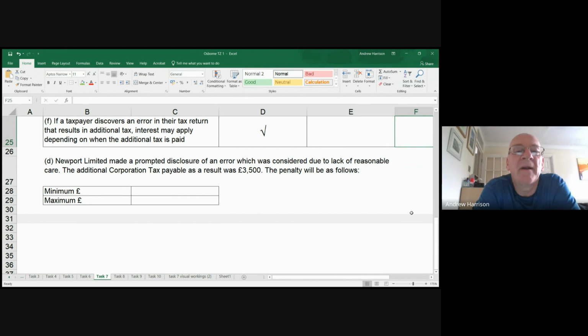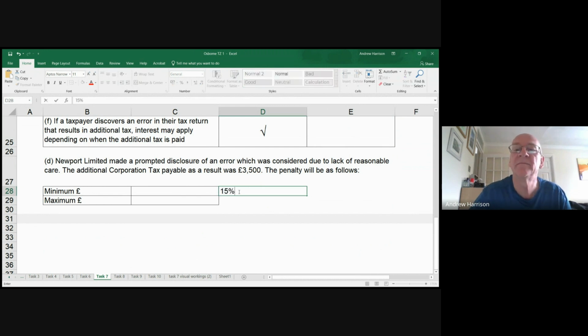So this is about a prompted disclosure of an error considered due to lack of reasonable care. So that will be the careless, the top row in our table that we did see a couple of minutes ago. The additional corporation tax was 15 and penalty be as follows. Okay, well, this one will be 15%. And this one is 30% maximum. It's going to be twice the other one.